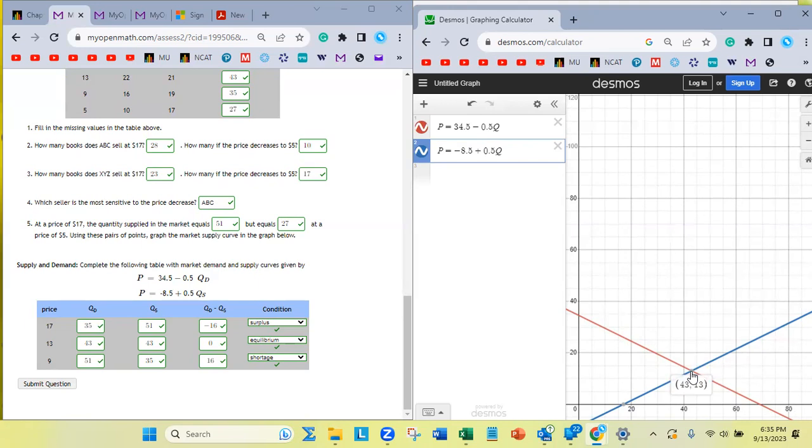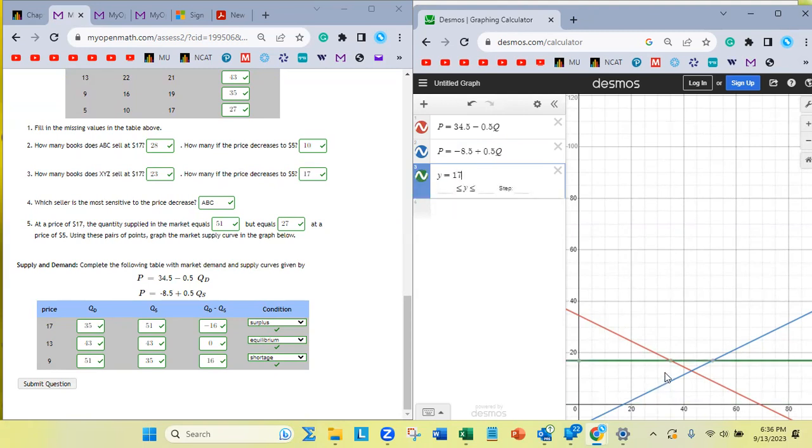43 and 13 is their intersection. That's where demand meets supply, right? At a price of 13, quantity demanded is 43, quantity supplied is 43. Now, here's a cool thing you can do. Now P is the y-axis, right? So you have to use y here, lowercase y. You can say when y is 17, right?